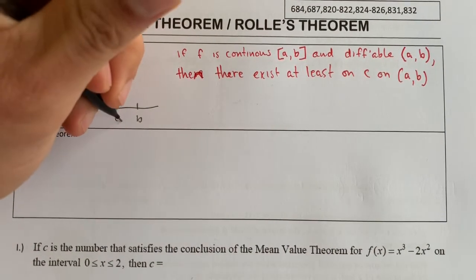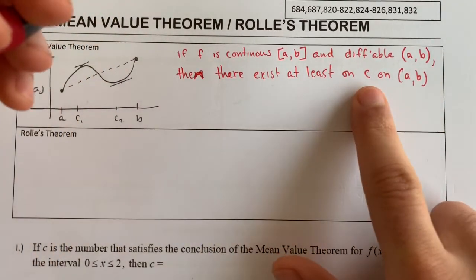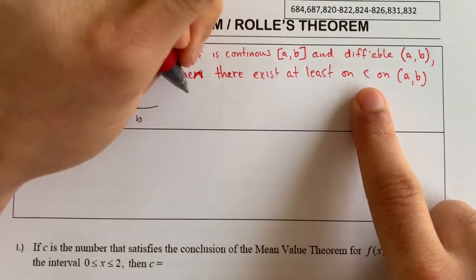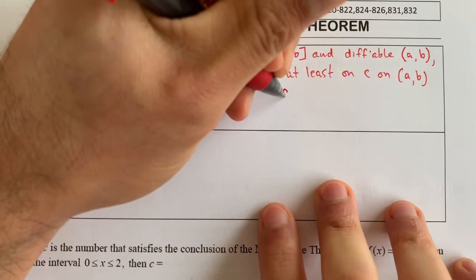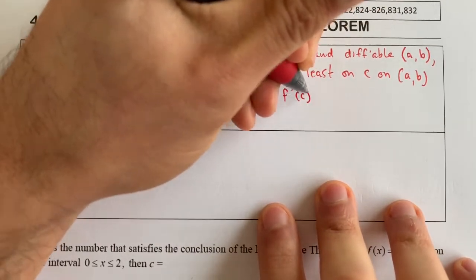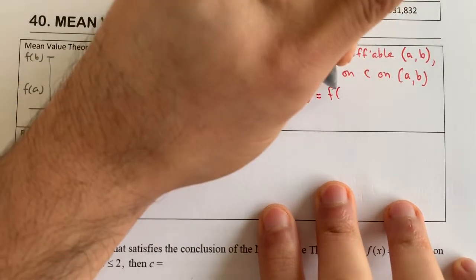There could be 1 or 2 or 3 or more, at least one though. At least one moment such that the derivative at C equals the average rate.